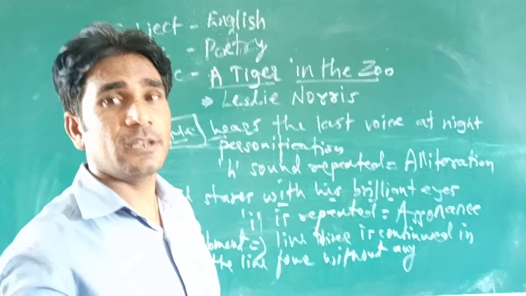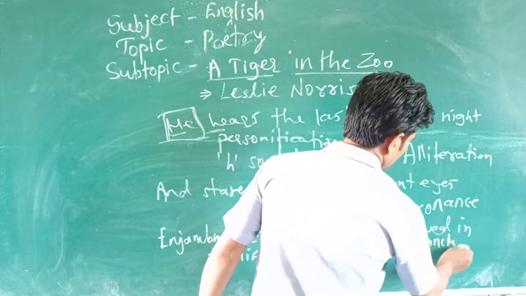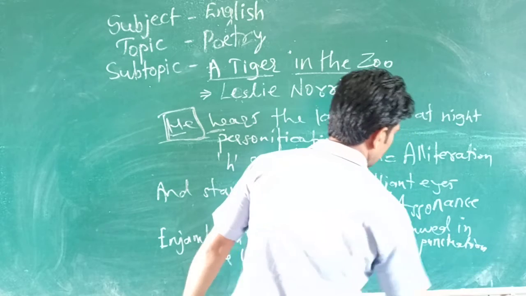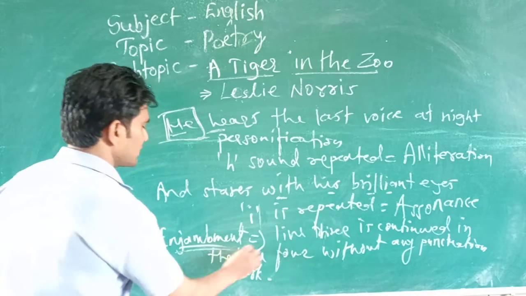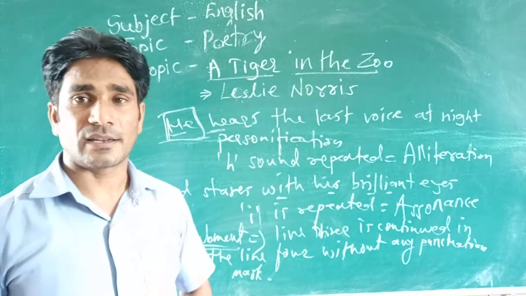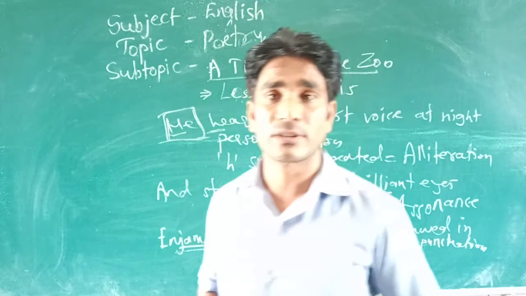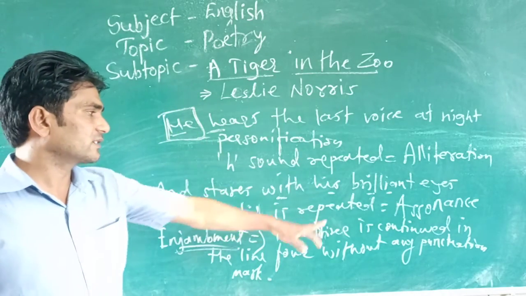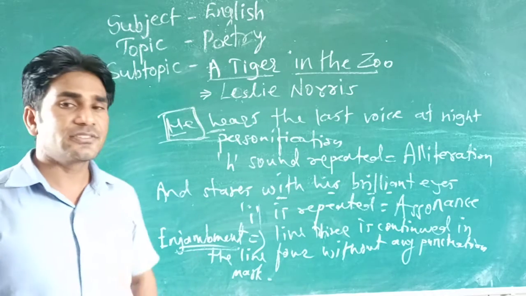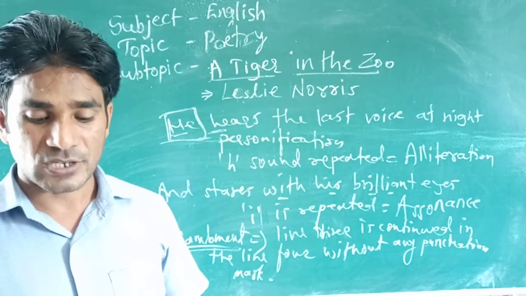So enjambment is also there in the last two lines, lines 3 and 4 of the last stanza. This way, these are the figures of speech: personification, alliteration, assonance, and enjambment, used in this last stanza.